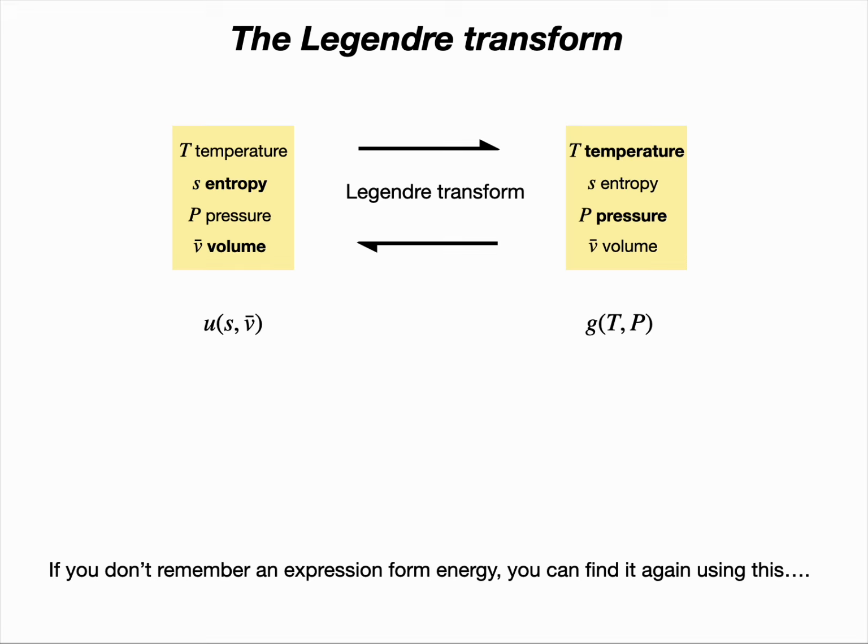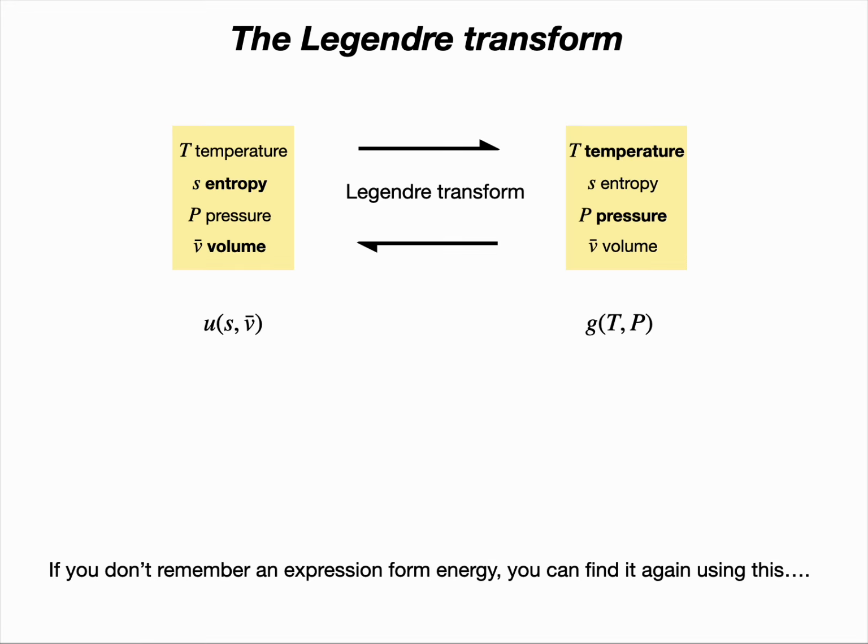So here I take the example of starting from U, which is a function of S and V, and going to G, which is a function of T and P, to Gibbs. The point of the Legendre transform is that you don't have to remember all the expressions of energy forms because you can recalculate them. You can find them again using this tool.